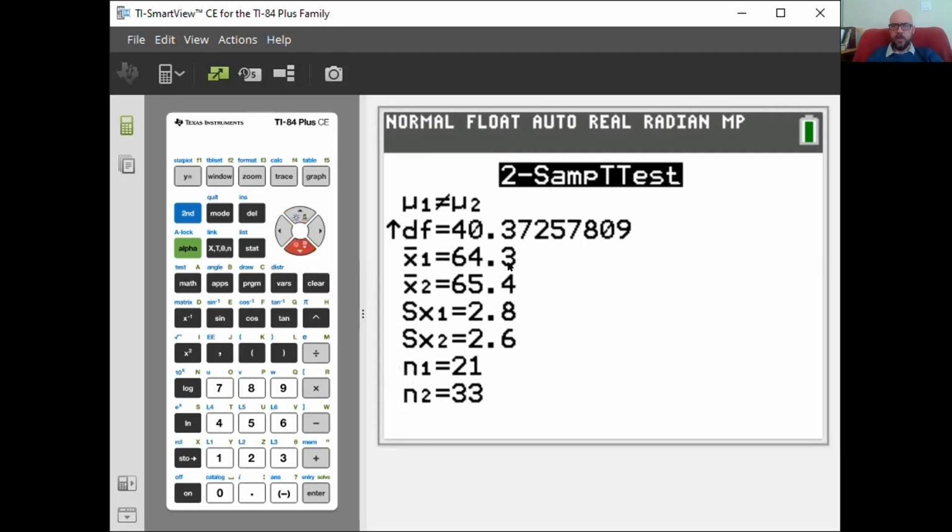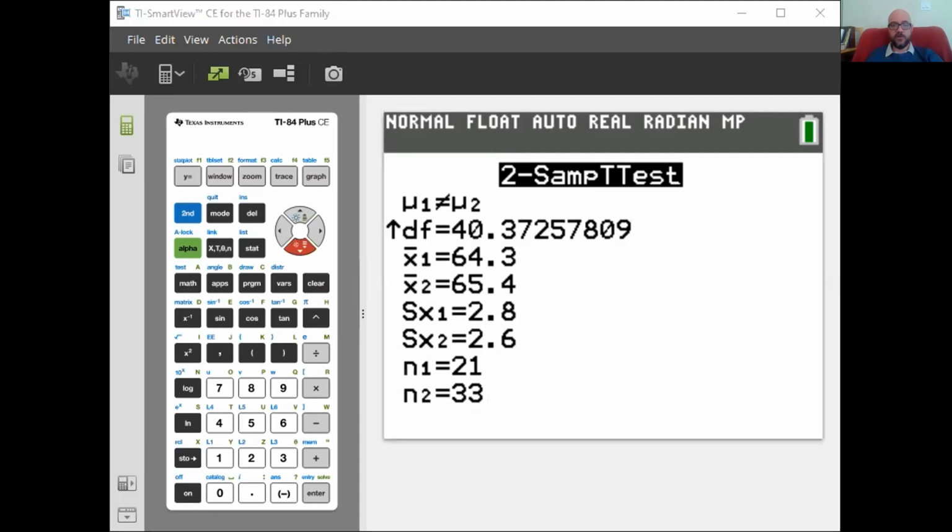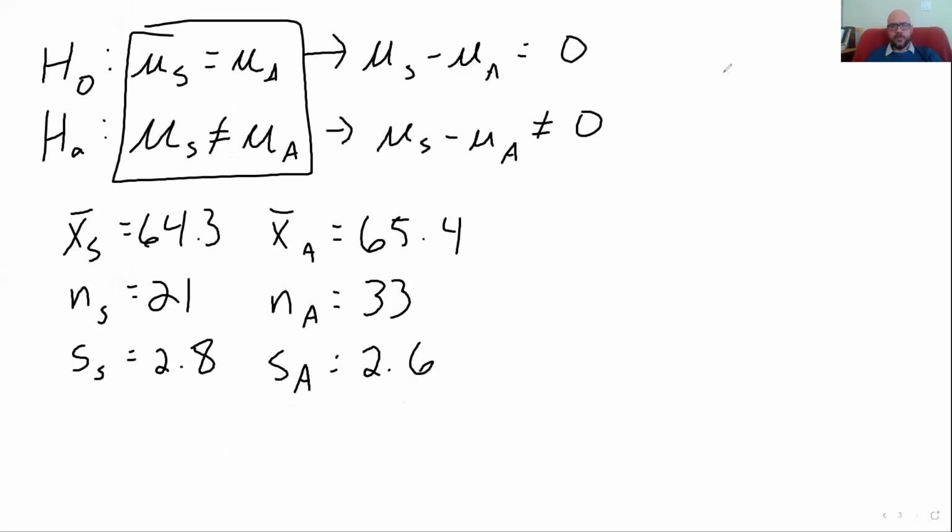So here's what I would be looking for on a test. Let me finish this problem off the way I would finish it off on a test, or the way I want you to finish it off on a test. I want to do something like this. Not t-test, sorry, it's a two-sample t-test.